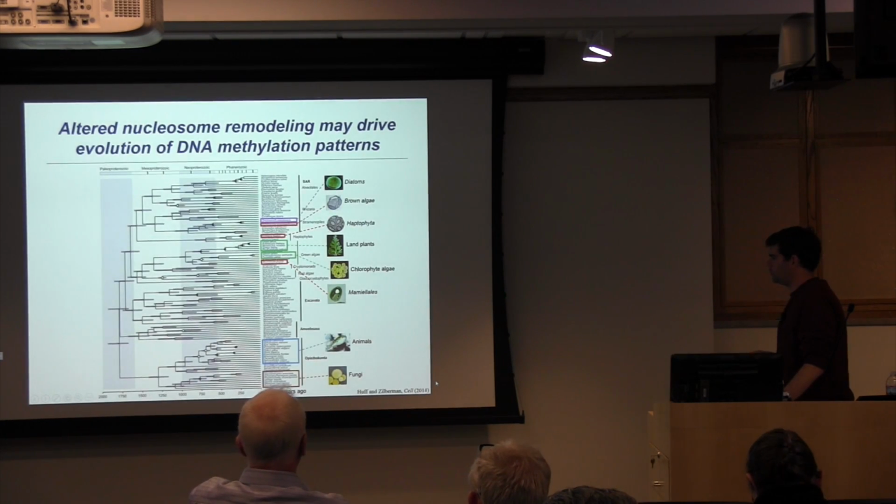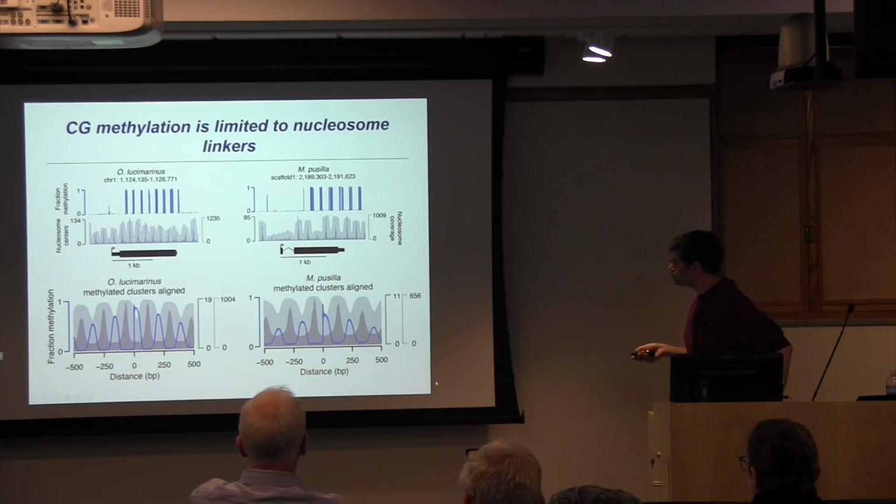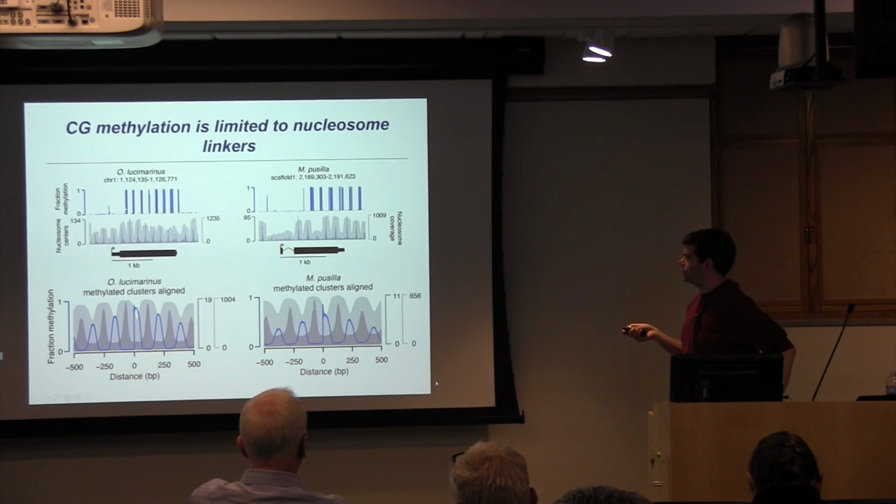This is a more general analysis where we're aligning at 0 the first methylated base in each of these methylated clusters. So for our starting point, we're taking the transition between unmethylated and methylated DNA, and averaging methylation going out 500 base pairs in both directions, with nucleosomes in gray.